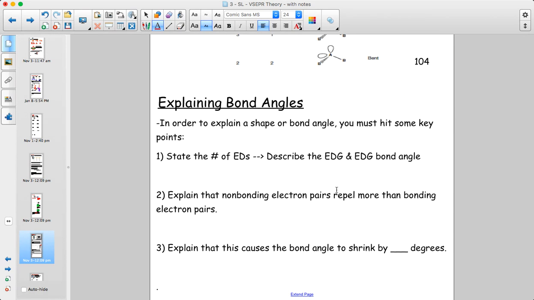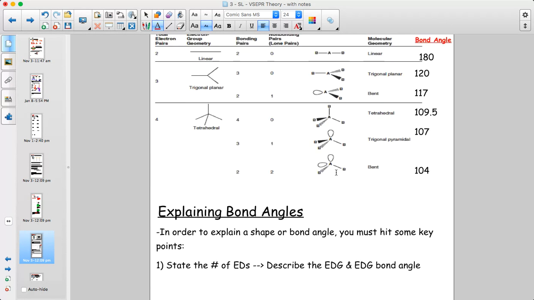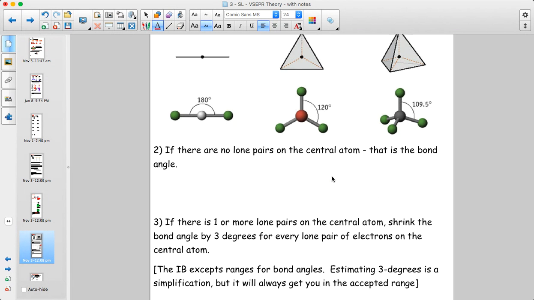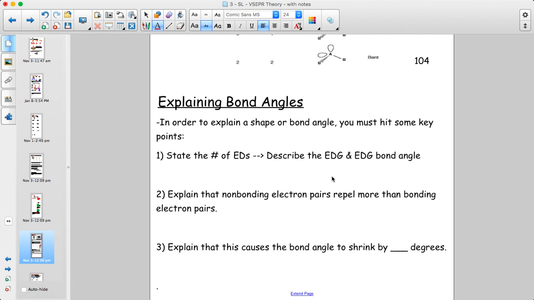Occasionally you get asked to explain bond angles. The step-by-step process to do this on the mark scheme would be first to establish the number of electron domains, and therefore the electron domain geometry and the normal electron domain geometry bond angle. So for the example of SO2, you would first want to say SO2 has 3 electron domains, and so normally we would predict a 120-degree bond angle, and it would be trigonal planar.